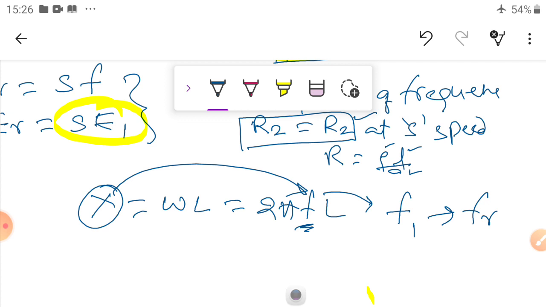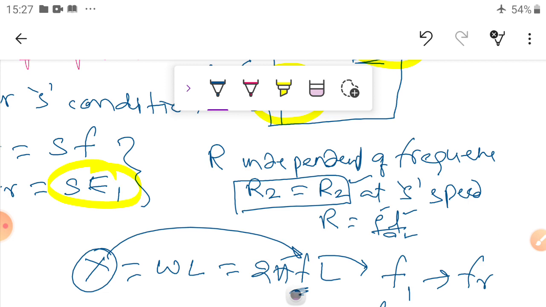So what is the FR? FR is equal to S times the standstill frequency F1. That's why we write 2 pi S F1 L instead. So that's why it changed to this value. S times it changed this value.